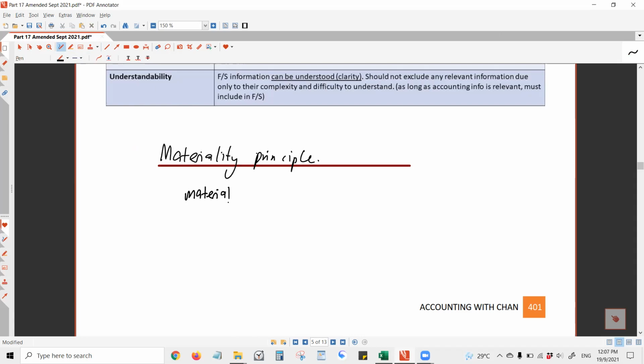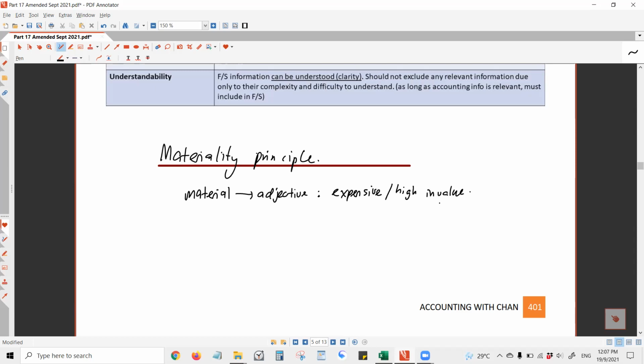Material here doesn't mean the material that you use to make something, not raw material. You have to look at this word as an adjective. Material here means expensive, high in value.